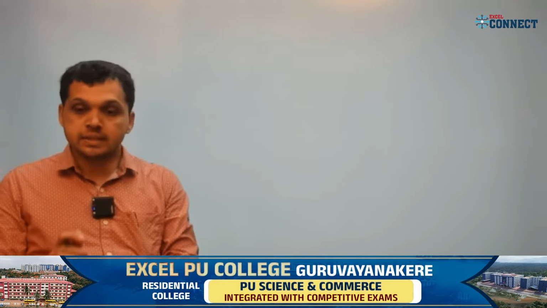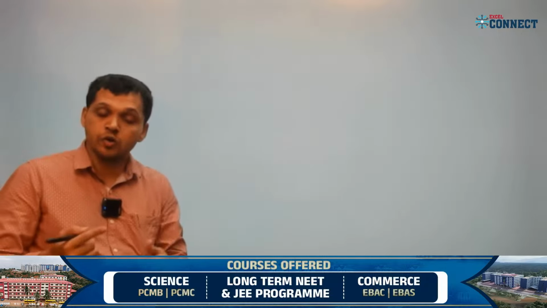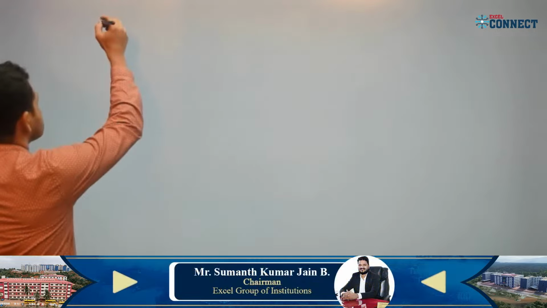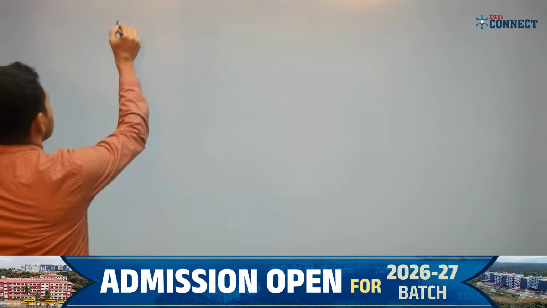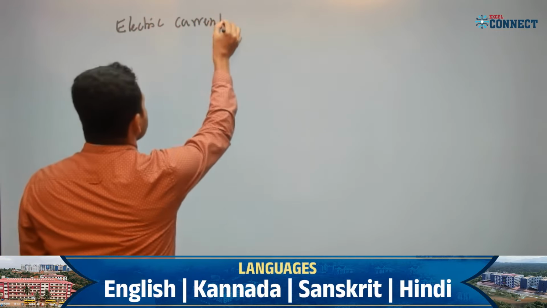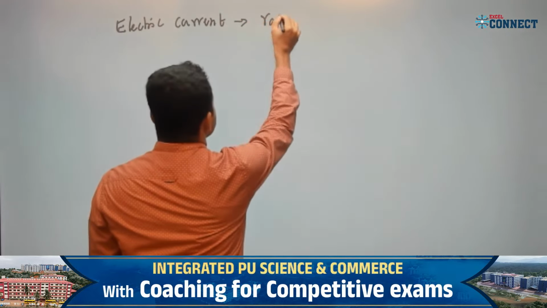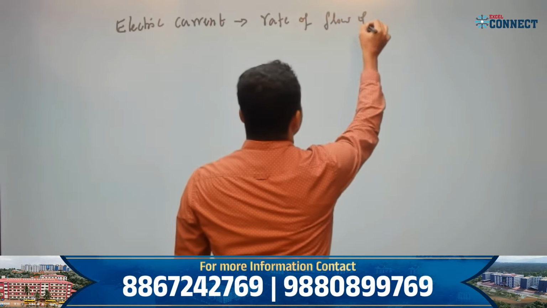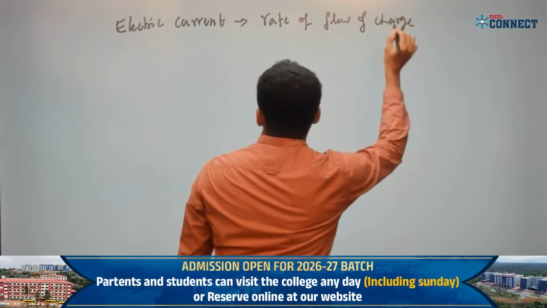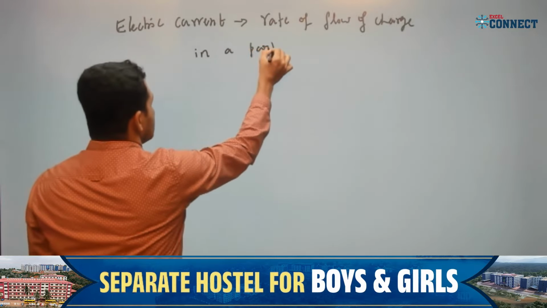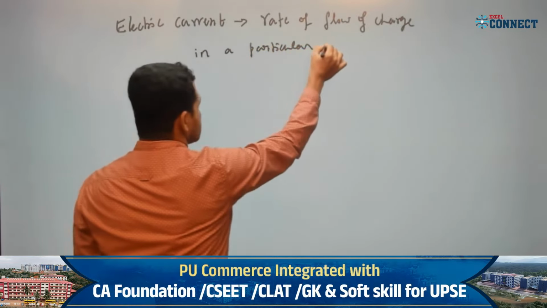Electric current is the rate of flow of charge in a particular direction.